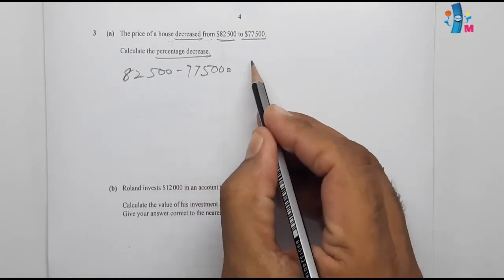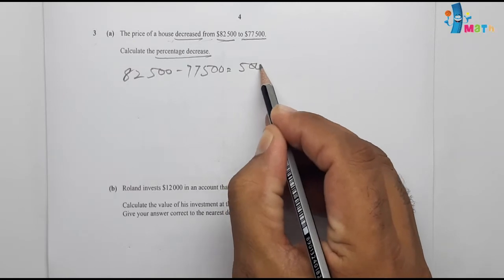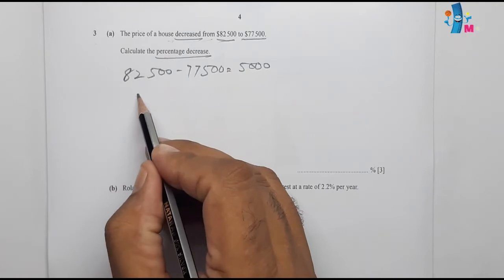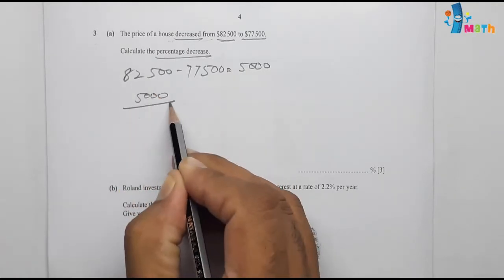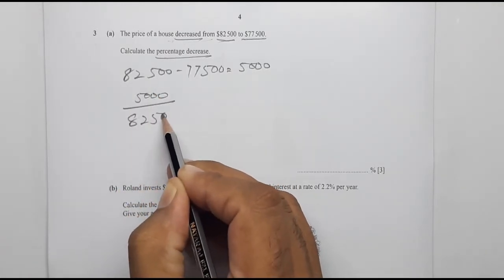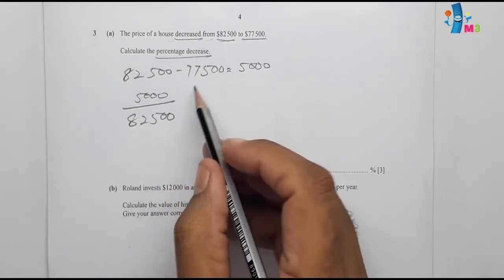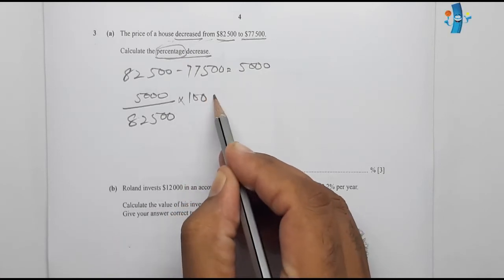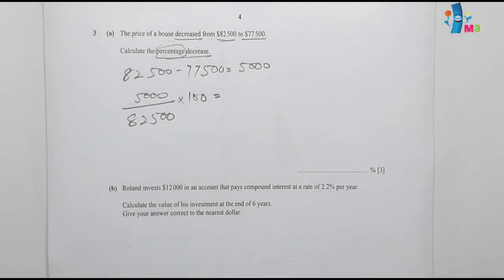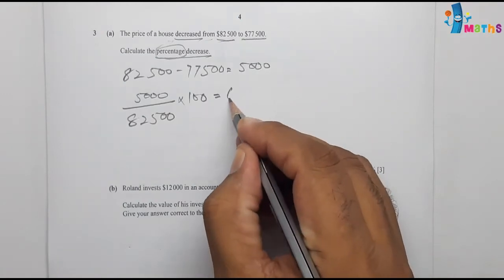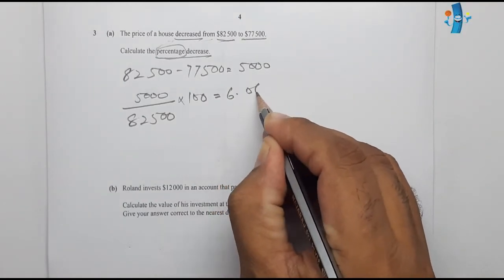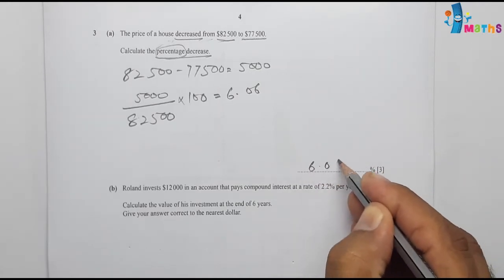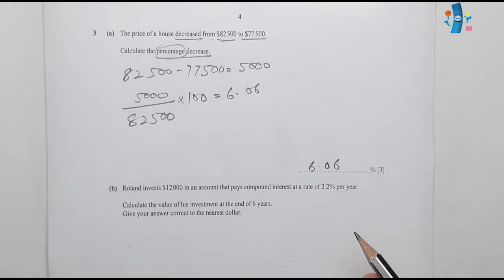So the decrease will be 5,000, and this decrease is against this much amount, so we write 5,000 divided by 82,500, and because we need the percentage decrease, multiply by 100. This will be equal to 6.06, so this will be 6% or 6.06%. We can write three significant figures.